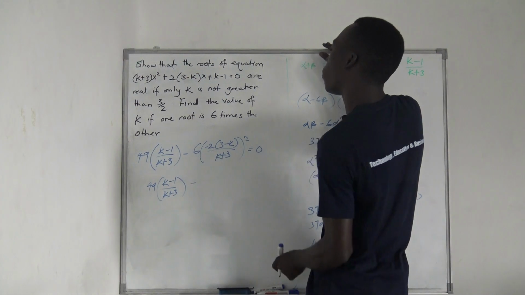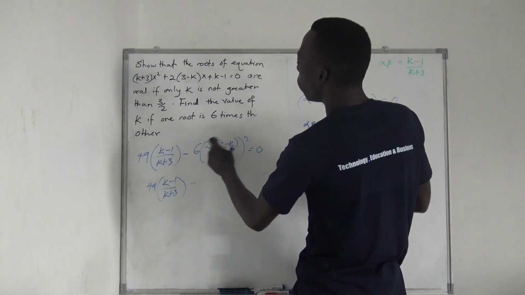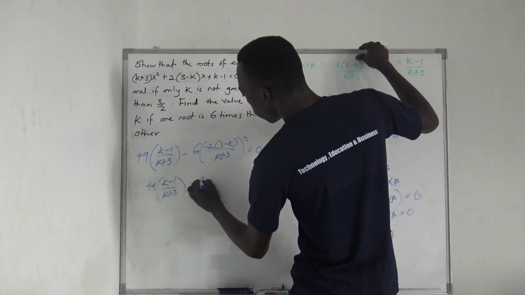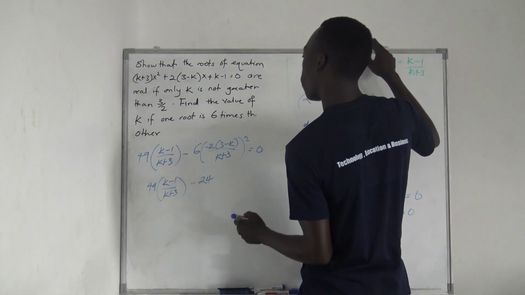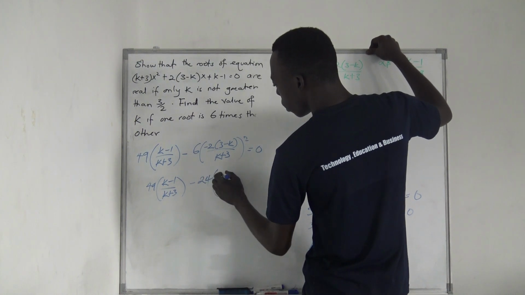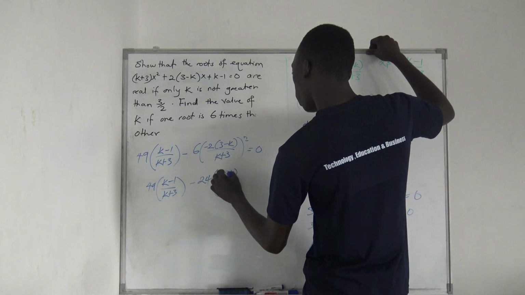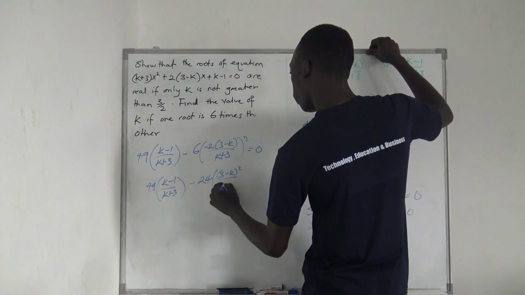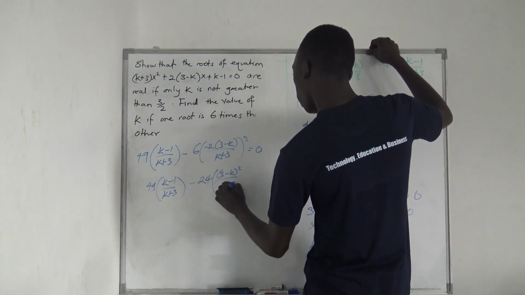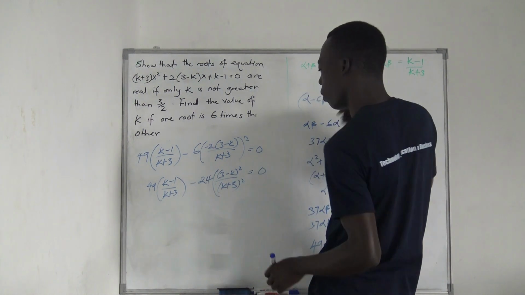When you square this, the 2 becomes 4, so 4 times 6 will become 24. Then in the bracket we remain with 3 minus k, the whole thing squared, out of k plus 3 squared, which gives us a 0.